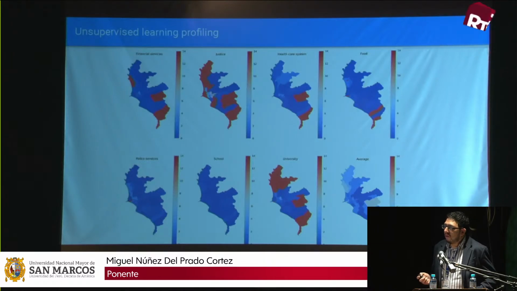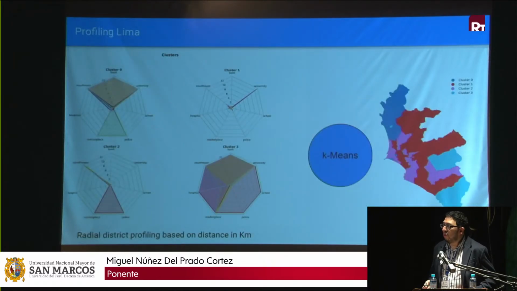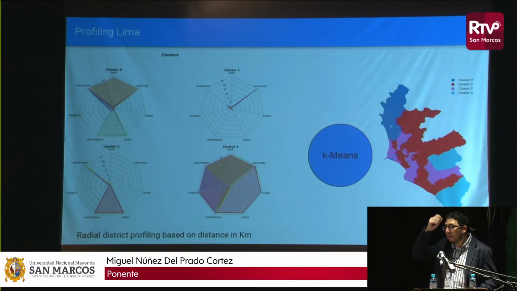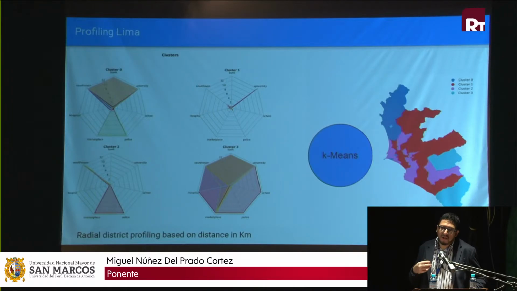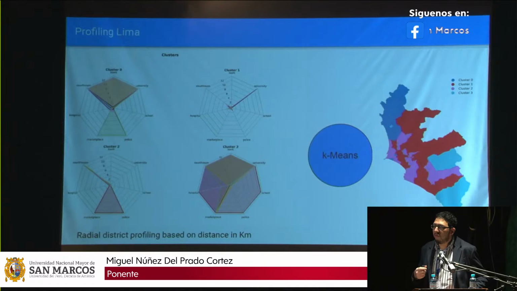So based on all these profiles, we try to build different patterns, using just a simple k-means algorithm fine-tuned by a silhouette score. We try to put together all these districts that share the same pattern of accessibility.